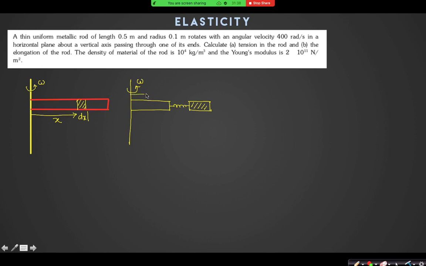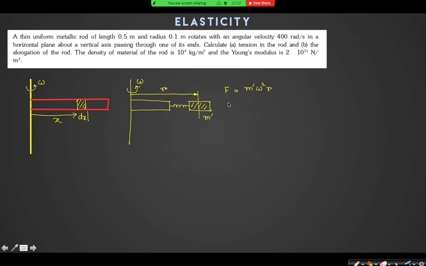In order to find that, I will take the center of mass of the right portion of the rod, the center of mass of this segment. And I can say that if it is rotating with omega, and this radius is r, then the force on it is this small mass m prime into omega square r.